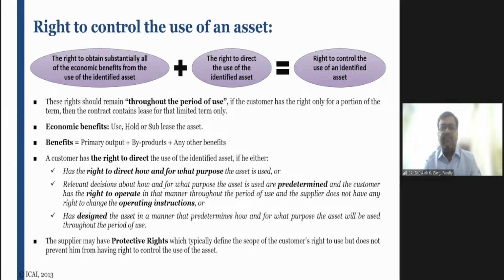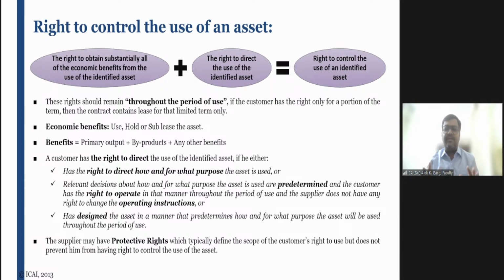Under Ind AS 116, whenever there is a lease contract, you have to capitalize the right of use asset on the basis of present value of the lease rental over the lease term. The meaning of lease rental and lease term we will discuss in detail.